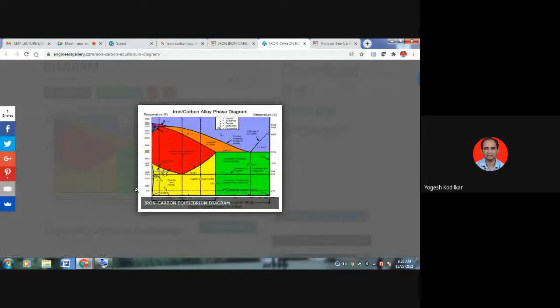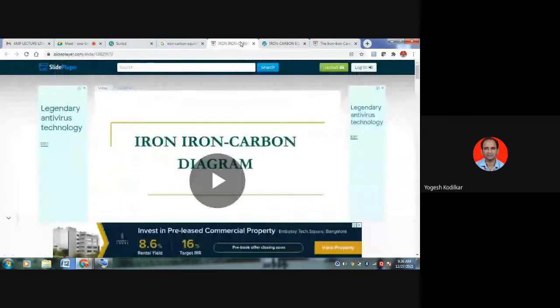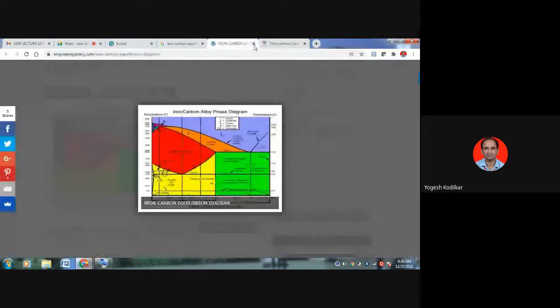This iron carbon diagram shows different phases, different structures at different temperatures. This property of iron is shown as the allotropy of iron. So this is a plain carbon steel at room temperature.